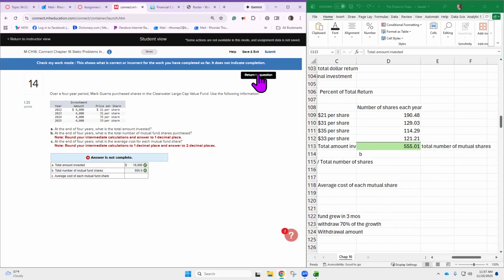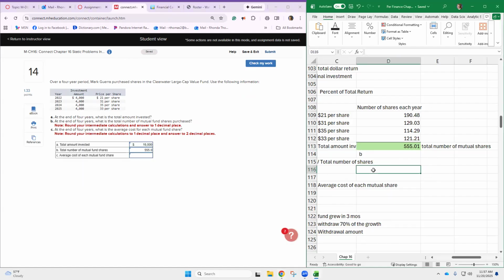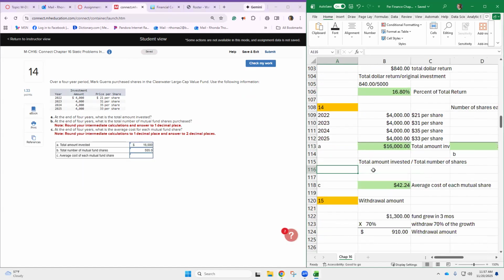Okay, good. Now we're going to find out what the average cost per share is. Okay, so we have to divide our total investment by 555 shares, which means the average cost is $28.83 a share. And that falls kind of somewhere in the middle, right?